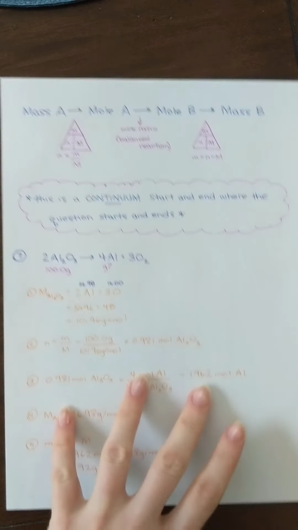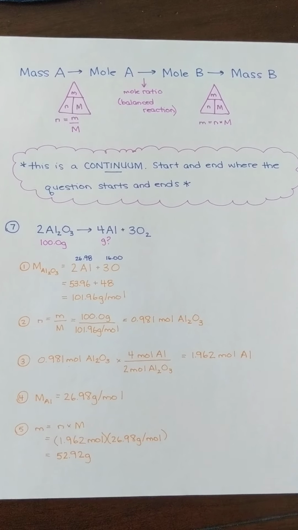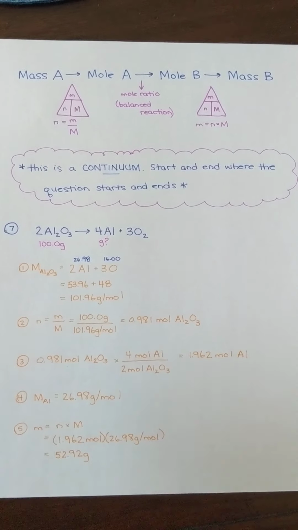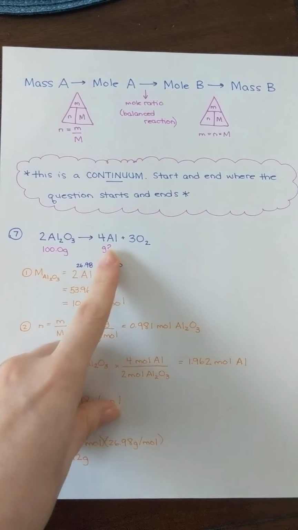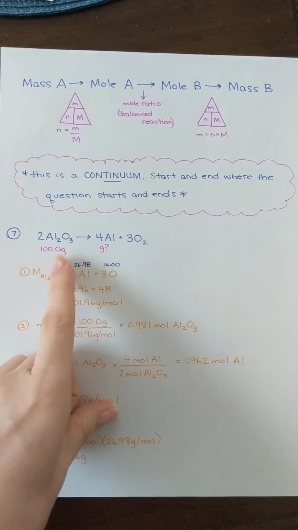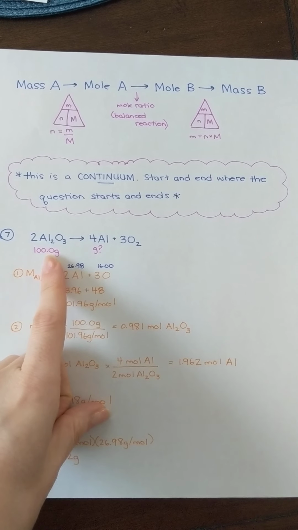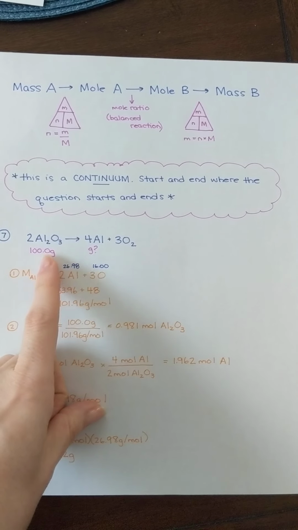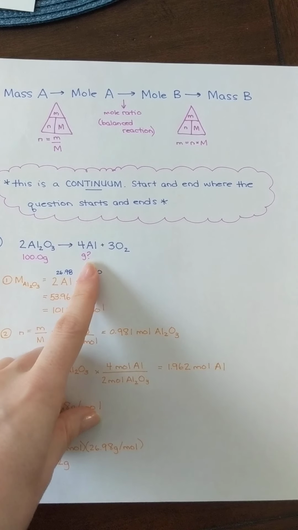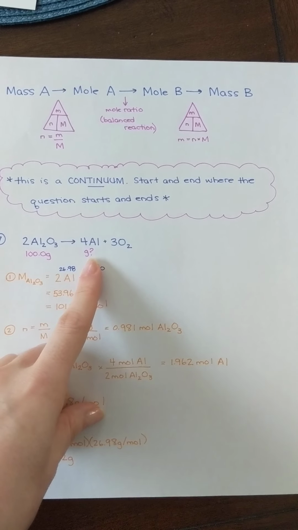I've chosen to do question 7, which I think is the last one on the first side of the worksheet. I haven't written out the question, I just wrote out the balanced chemical reaction and summarized the information that was given to me. So I'm reacting 100 grams of aluminum oxide and I want to find out what mass of aluminum that's going to end up producing.